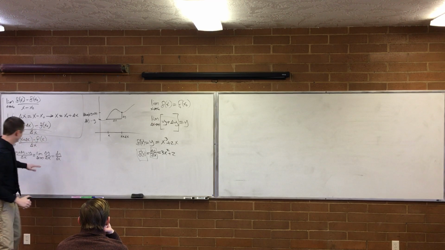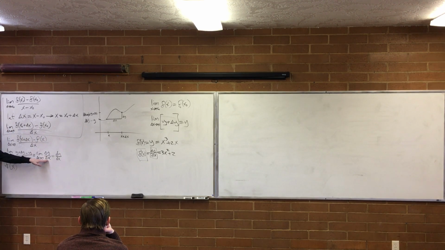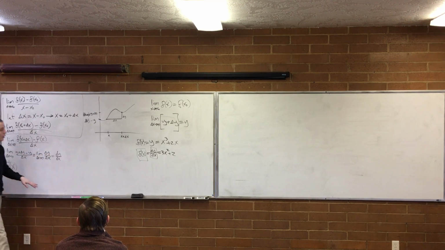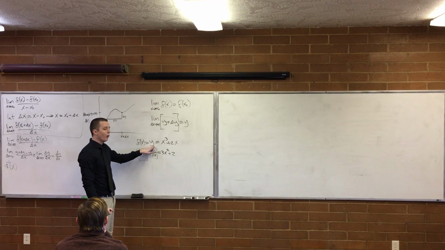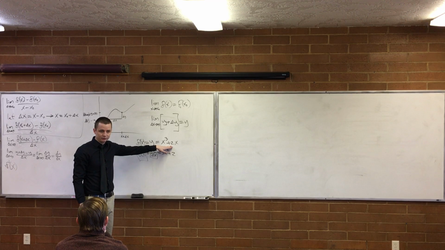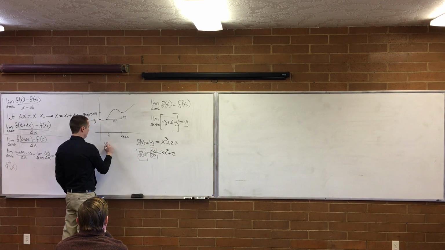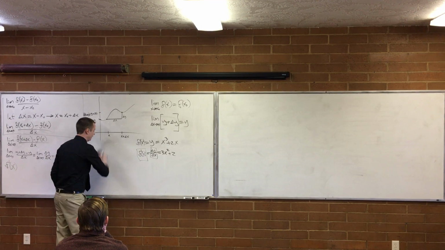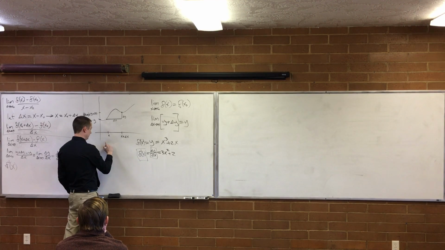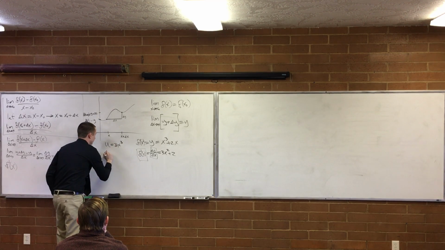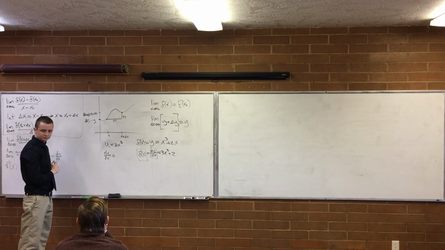So the limit as delta x goes to 0 of that is equal to that. Now notice y here is just a dummy variable. y is just a function in terms of x. I could have written u or y still, but all funky. If I say u is equal to 3x cubed, what is the derivative of u with respect to x? 9x squared.